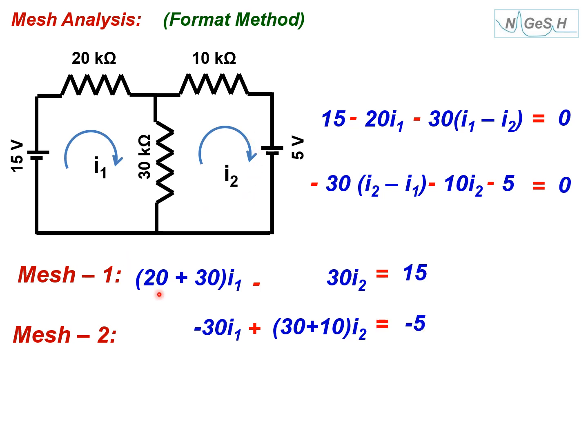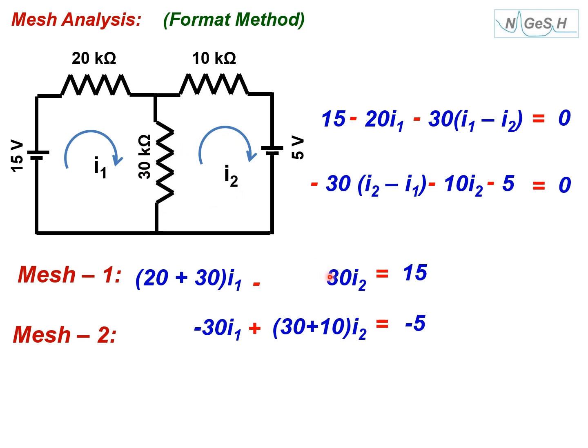See once again, the I1 is flowing through this mesh 1 which has 20, 30. So you add all the elements that are there in mesh 1 and put I1 blindly. 20 plus 30, if there are any other things, put plus plus plus and I1. And see if there are any other currents flowing through mesh 1. Here I don't see any current. Here I see this I2 is flowing.